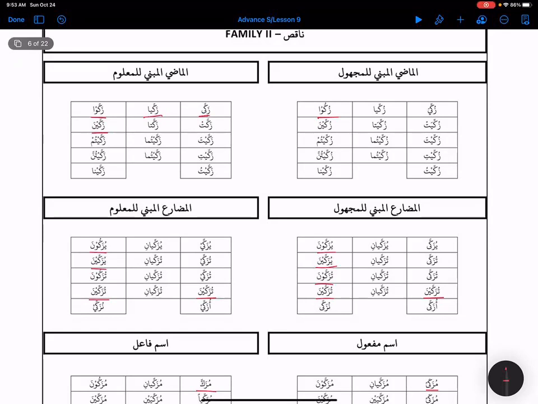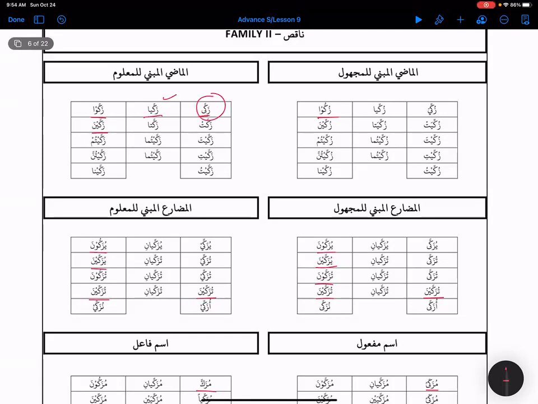So in huma, this ya is coming back. So we need to say ya over here, because ya is coming back. And then zakka. So what happened at zakka? What rule are we applying here?